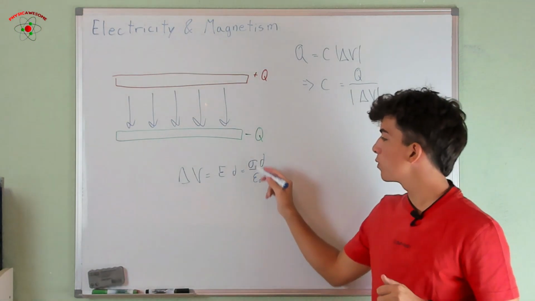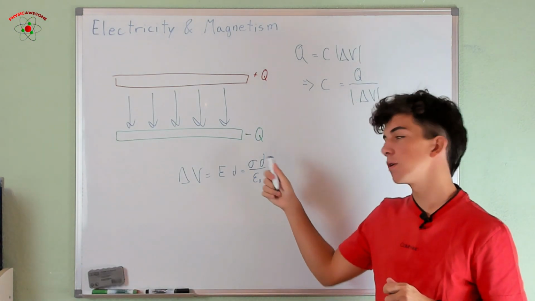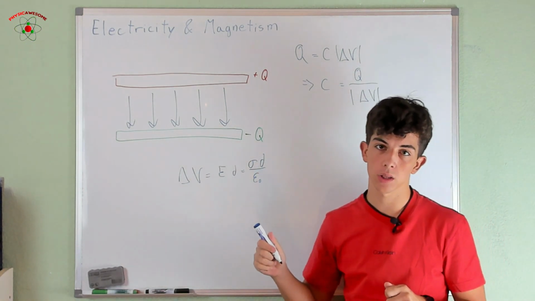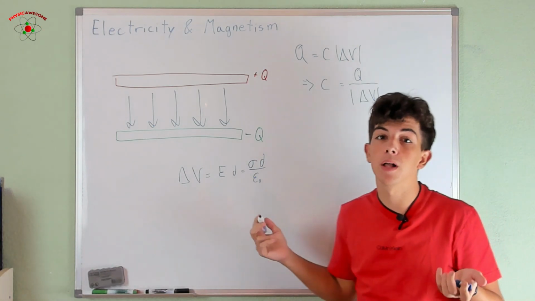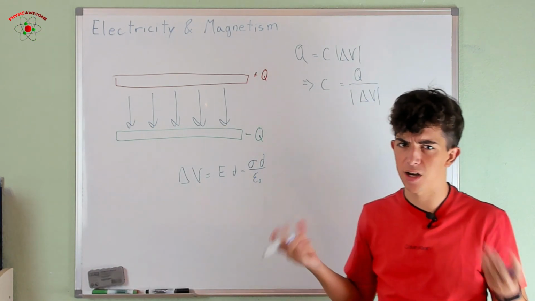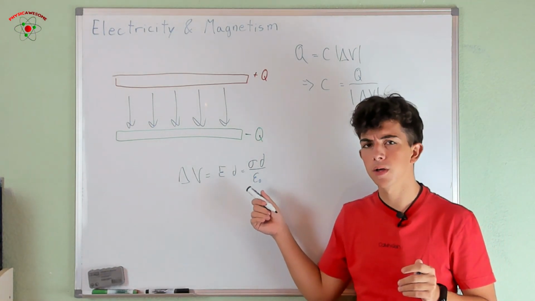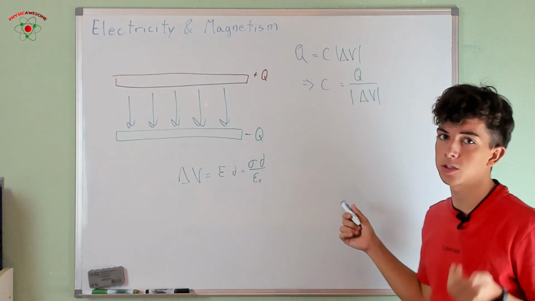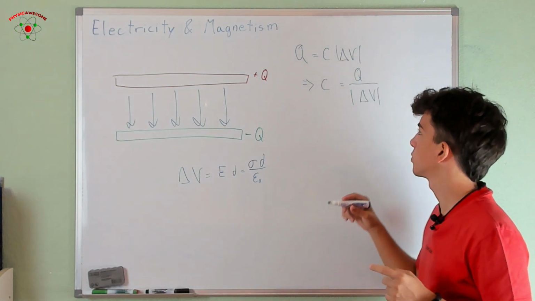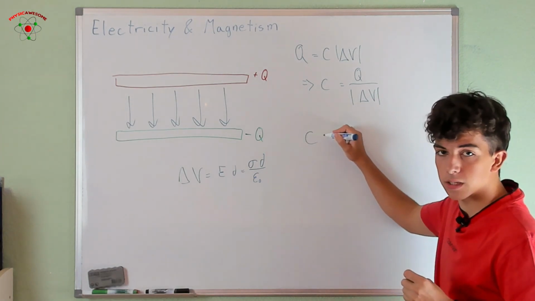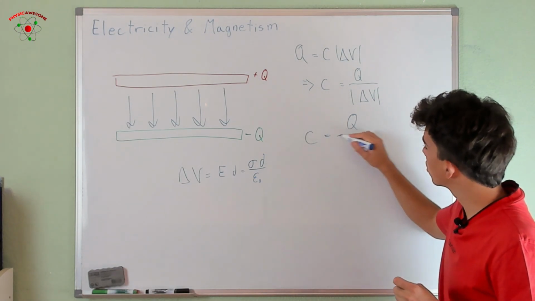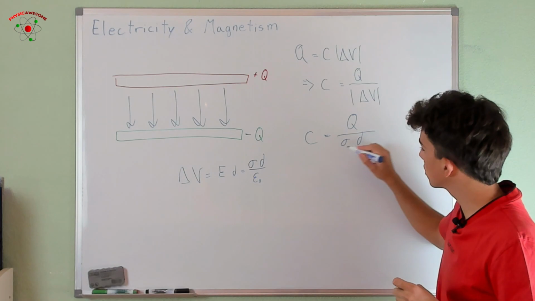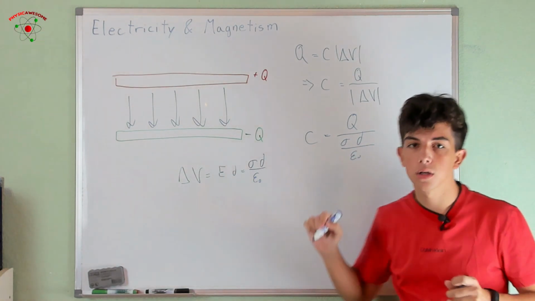Now we know this is going to be positive, as we are going to take the positive value of sigma, the positive value of the distance, because distances are always positive, and epsilon naught has a positive value, which is measured experimentally. So capacitance is going to be equal to Q over sigma d over epsilon naught.